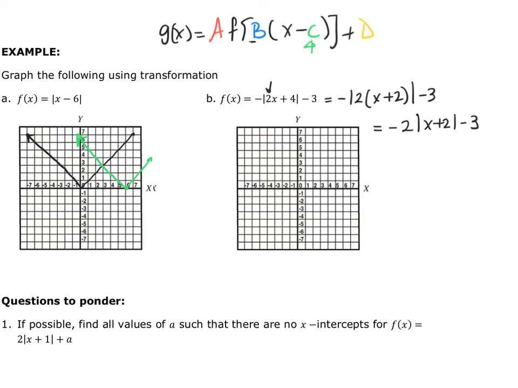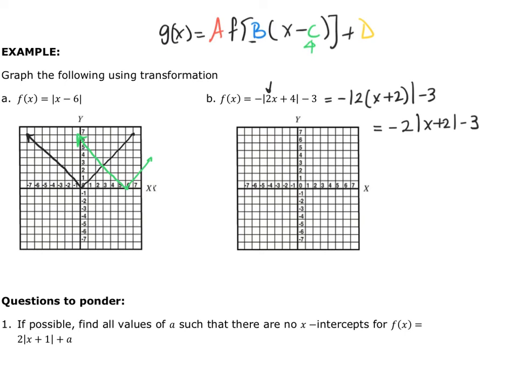The only reason I did that is so that it's easier for me to see a vertical stretch than it is to see a horizontal compression. In this case, because it's the absolute value function, the horizontal stretch and the vertical compression frequently can be the same thing.